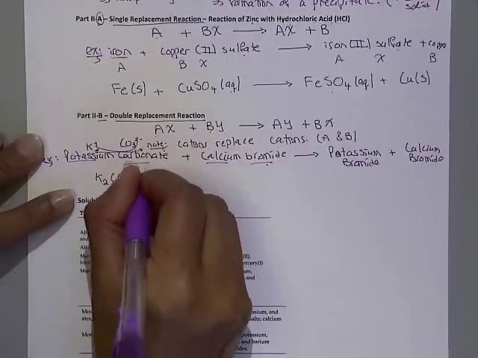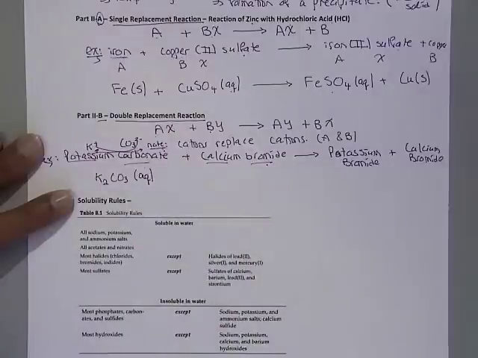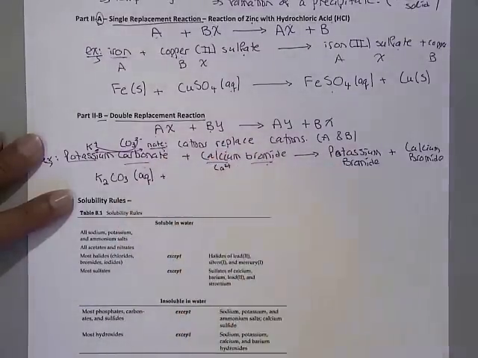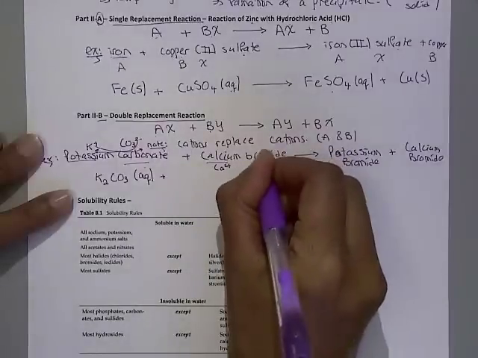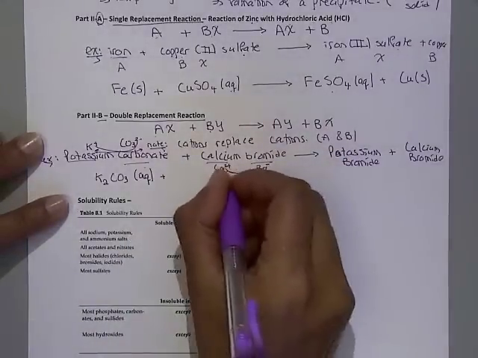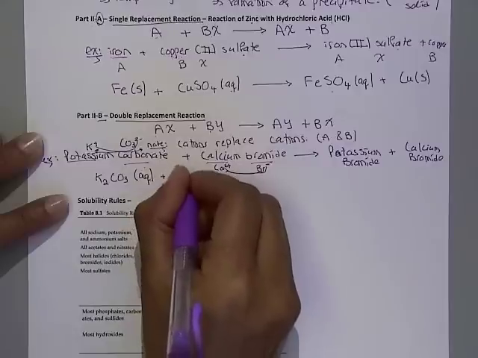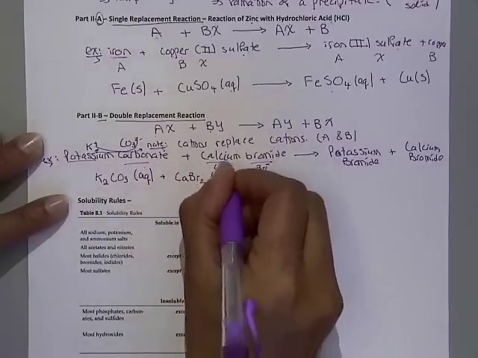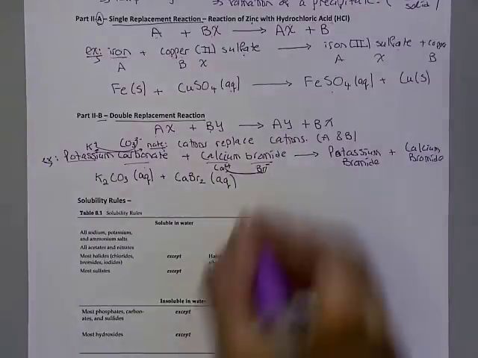I see that it's a transparent solution, therefore it's aqueous phase, plus calcium bromide. Remember, calcium's 2 plus because it's in group 2. Bromine is group 17, so it's -1. My superscripts swap, and I get CaBr2. In lab, I see it as a transparent solution, so therefore it's aqueous phase.